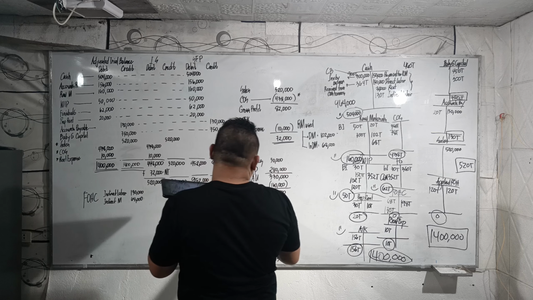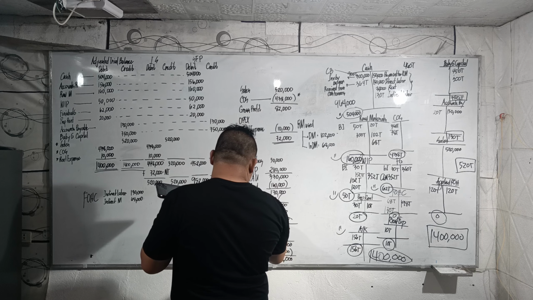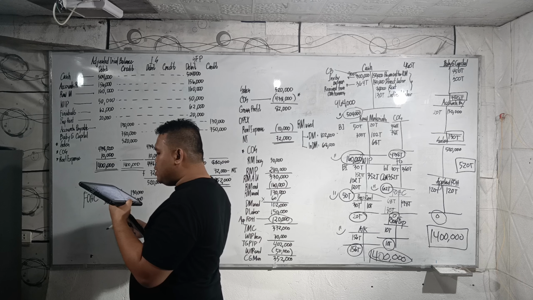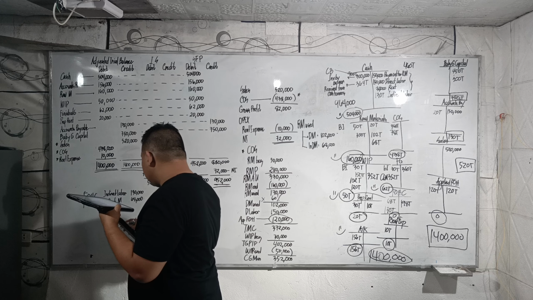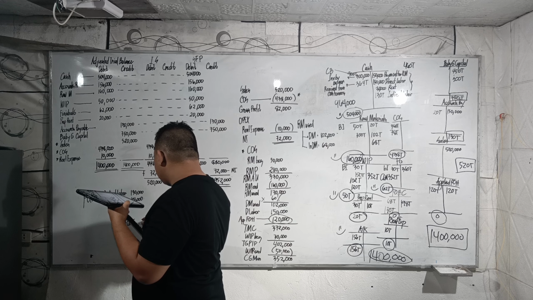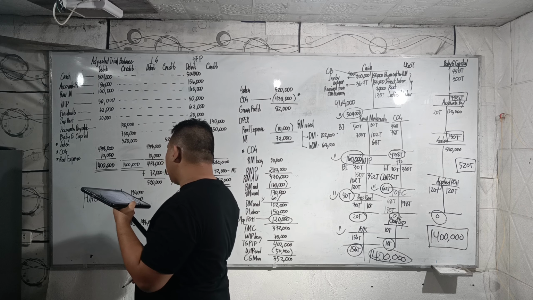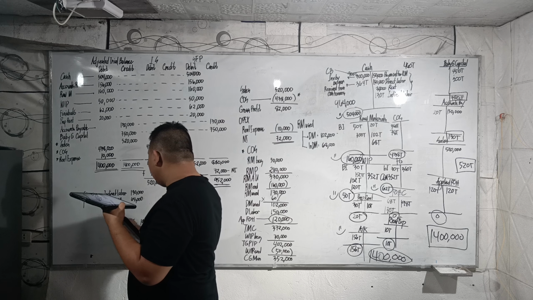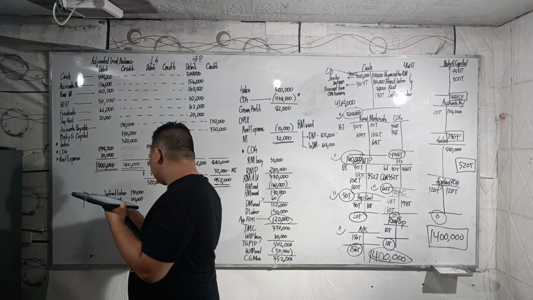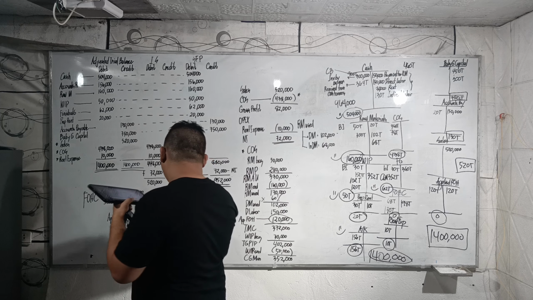However, the applied is only 120 here. So what will happen? According to the problem, the balancing figure is the cost of sales. So factory overhead control must be closed with this one, which is 198,000. Okay? And then we have the applied factory overhead, which is only 120.